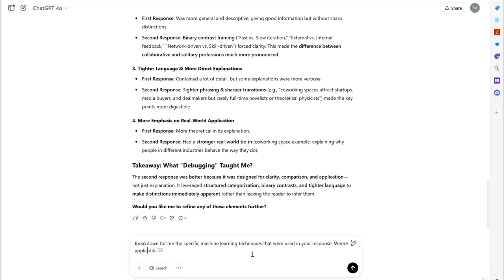Where applicable, outline where different machine learning techniques were used for the different responses. Be specific. Okay?